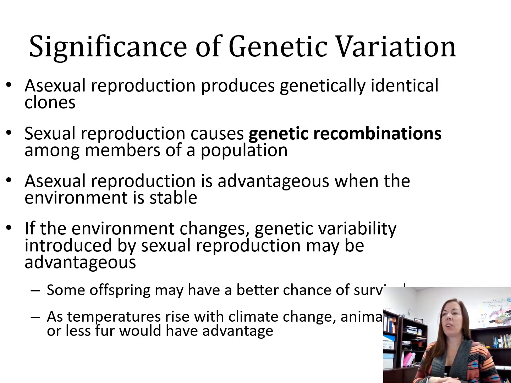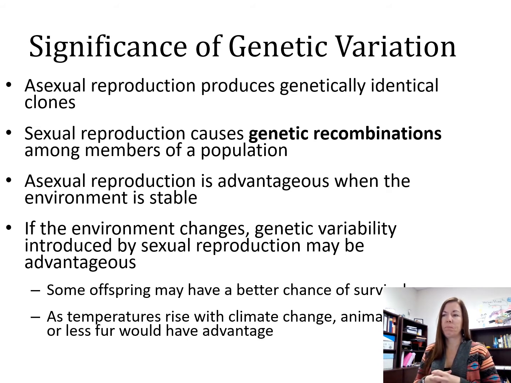So obviously it's very significant that genetic variation is a thing. Asexual reproduction always produces identical clones. When you have identical clones and there's some change in the environment, identical clones have less of a chance of survival because there may not be an advantageous gene there.